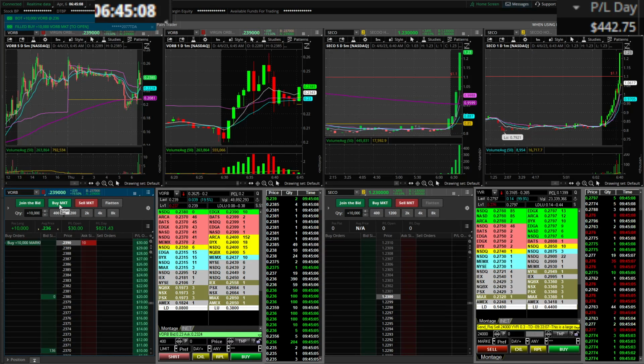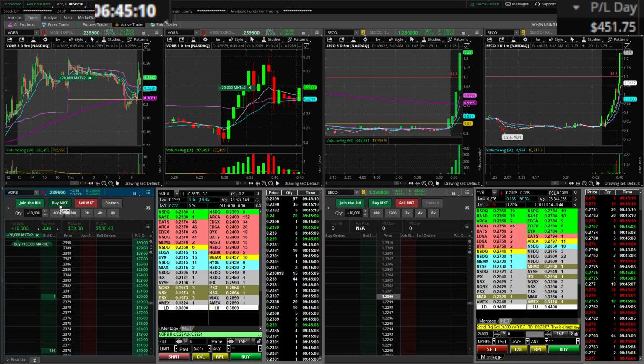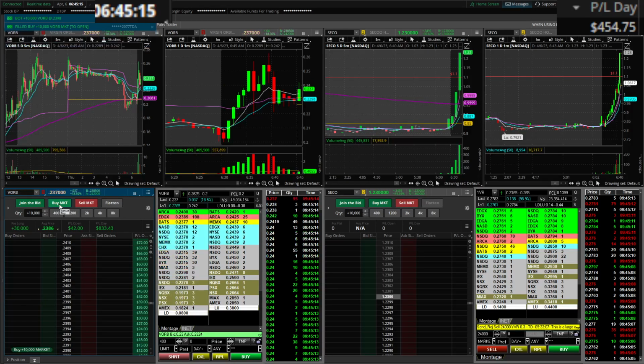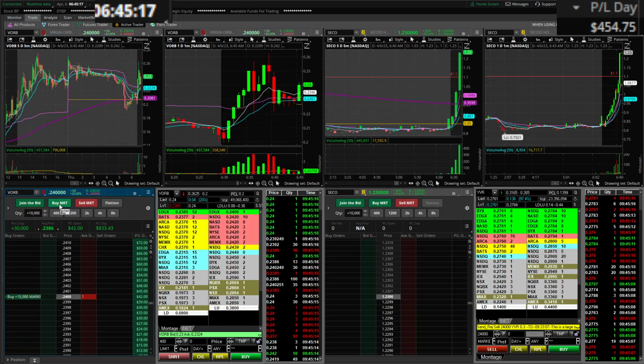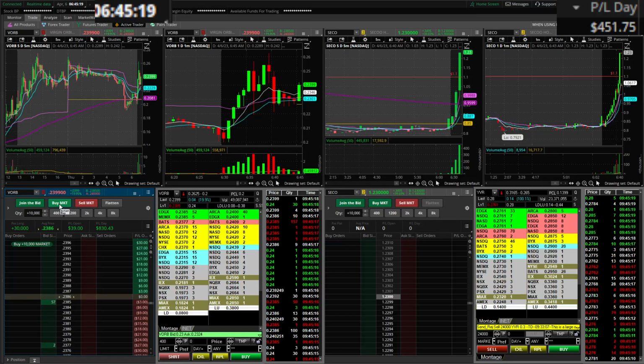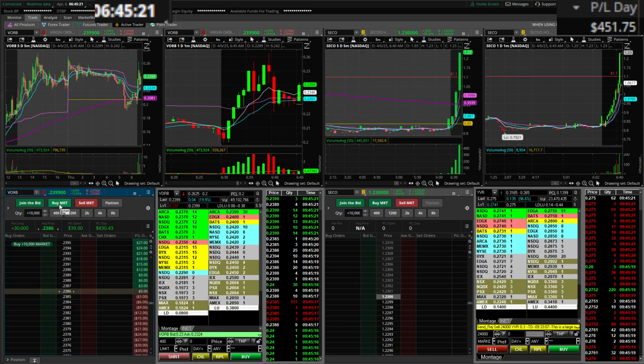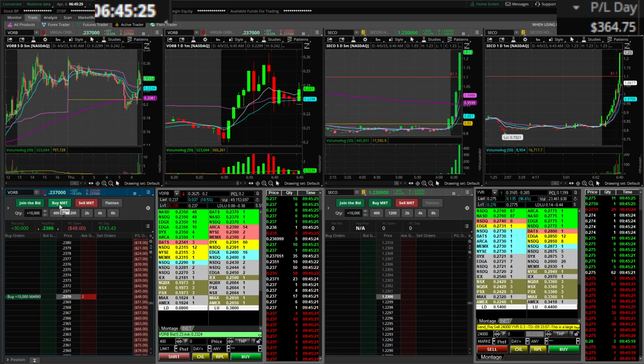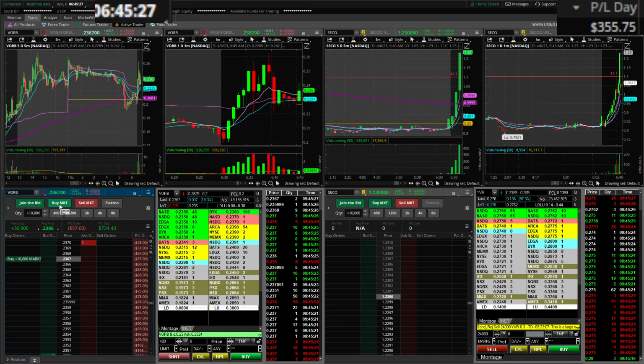Starter on Vorb here for break of 24. Adding for the break. Watching 24.50. 24.20 is the high on this candle. Watching 24.